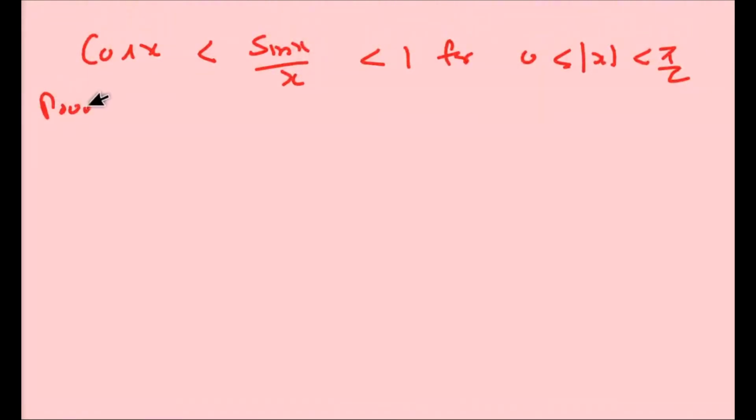Now the proof of this. We will take the limit of this and this, then we can find the limit of this using the Sandwich Theorem. So first we will prove these inequalities, then we will take the limit of sin x upon x. This will be very helpful to find the limit of trigonometrical functions.